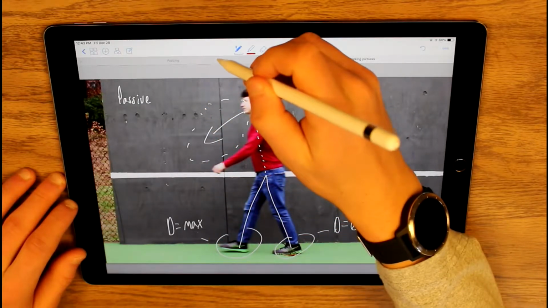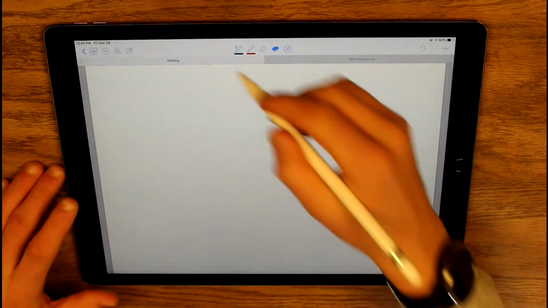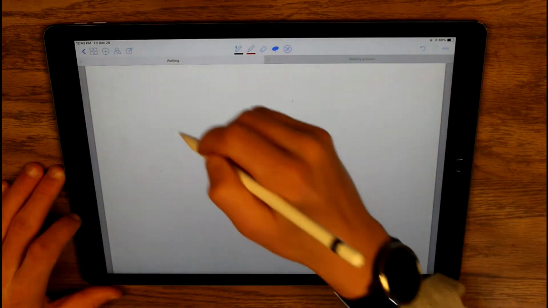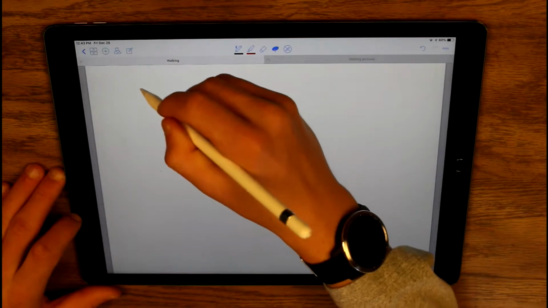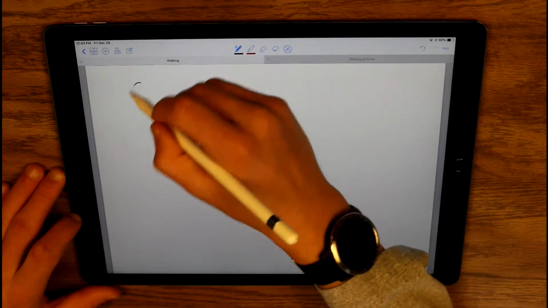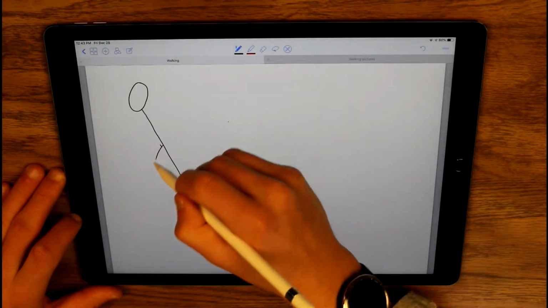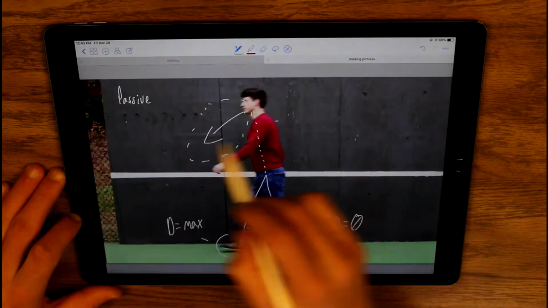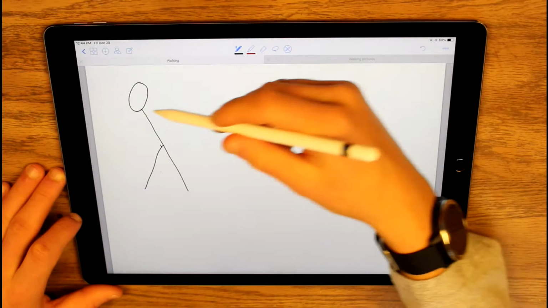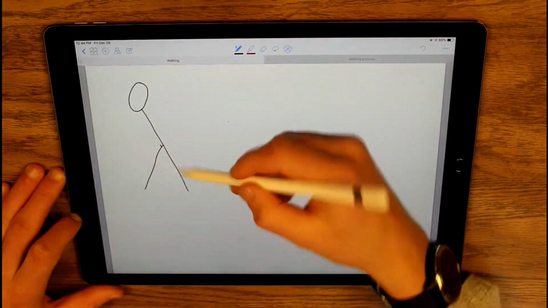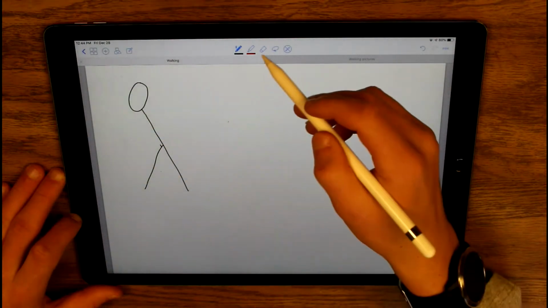In fact, let me go ahead and draw this on a separate page so that it's easier to see. Where if I had a stick figure, like this, and this is essentially what I look like here, where up there's the head, that would be the torso, that's my rear-facing leg, and that is my forward-facing leg.